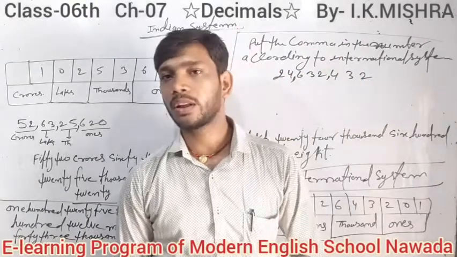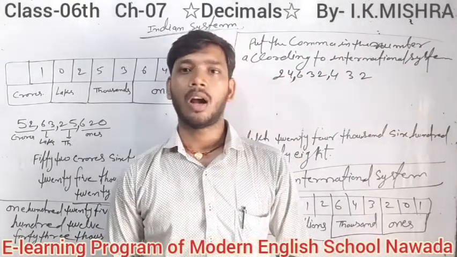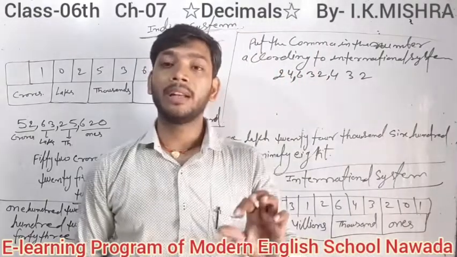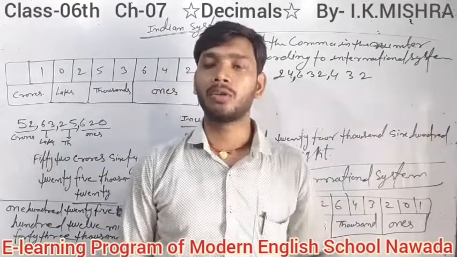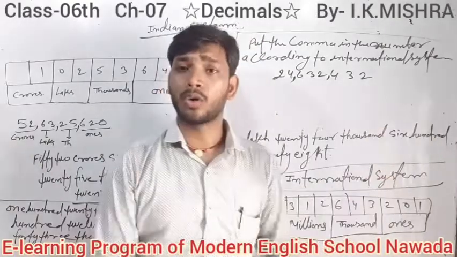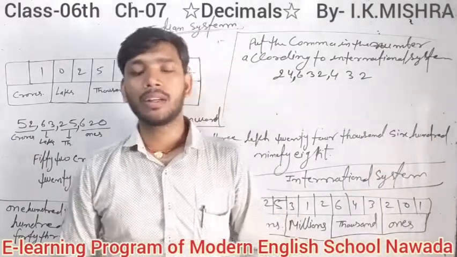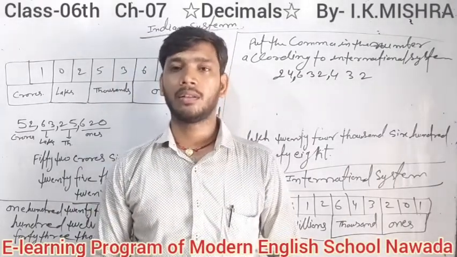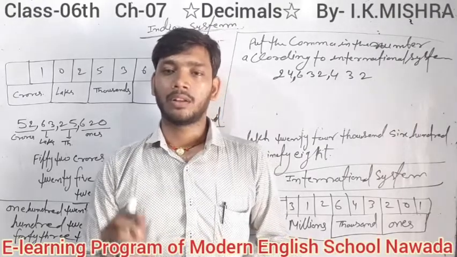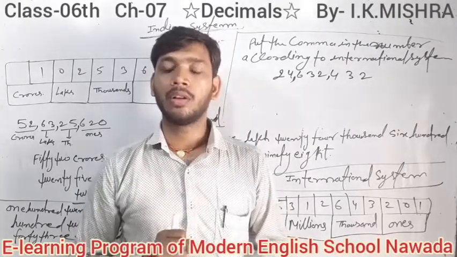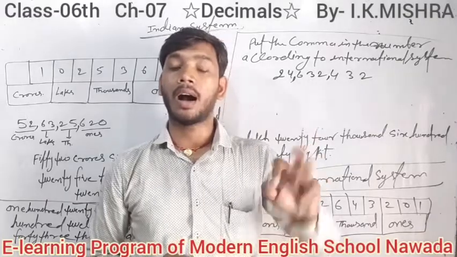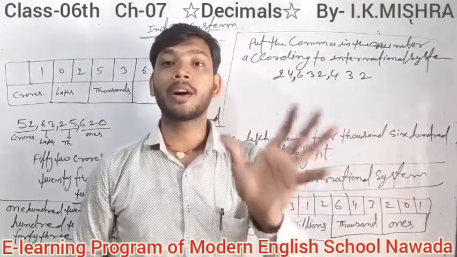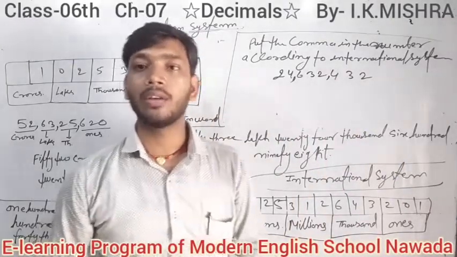Now proceed. How will you know how many hundreds, how many thousands in 1 billion, 1 crore, something? Students, when you have to answer this type of question, then divide. Suppose you have to find how many hundreds in 1 crore. First of all write 1 crore.